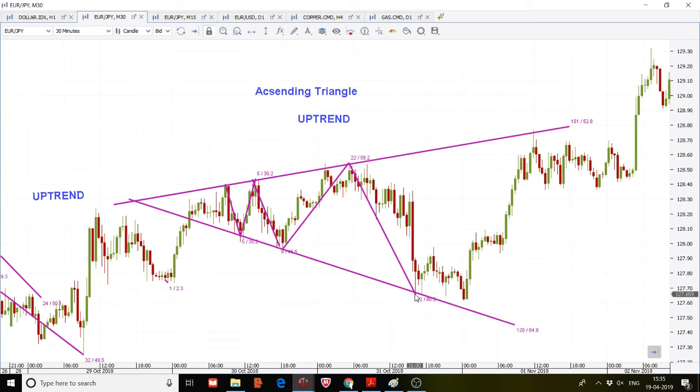Our principle says wave 5 should be the longest one and wave 1 should be the shortest in the series. So we have got both conditions fulfilled here. 1, 2, 3, 4 and 5.